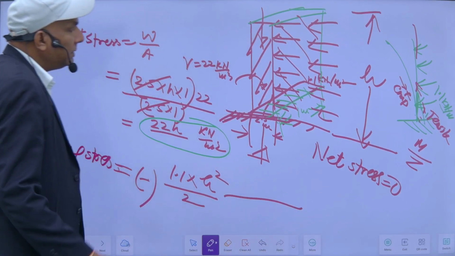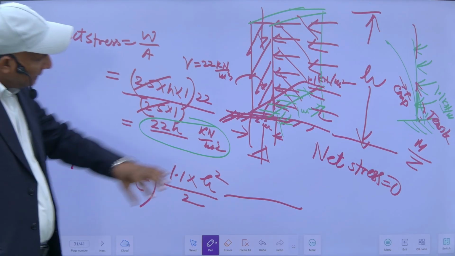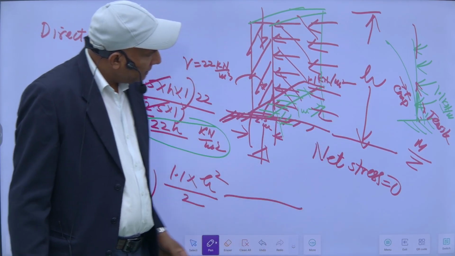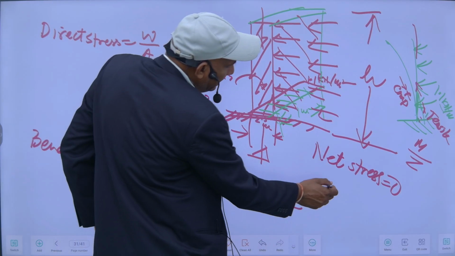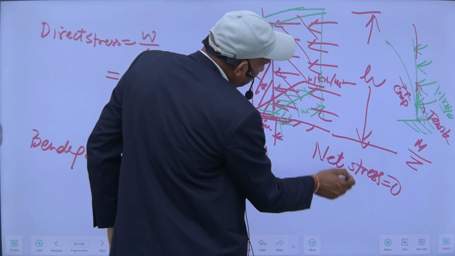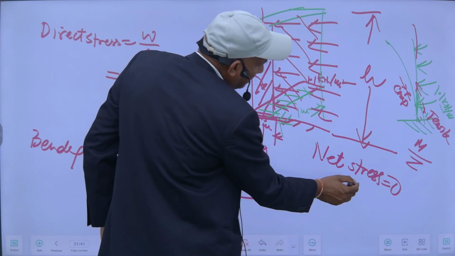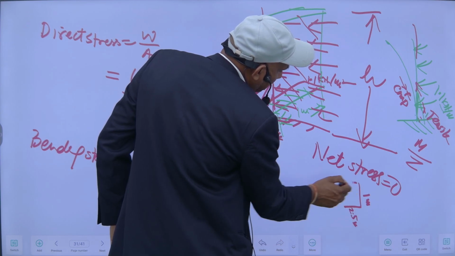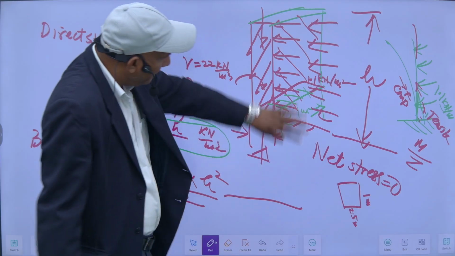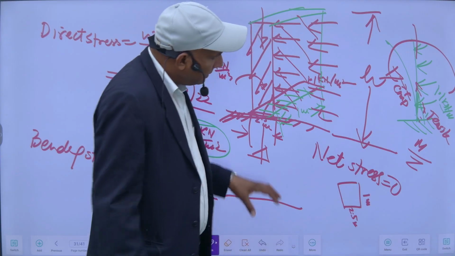So section modulus means this one. This bending moment will act on this face. This is 2.5 and this is 1 meter. So this moment will act on this face.